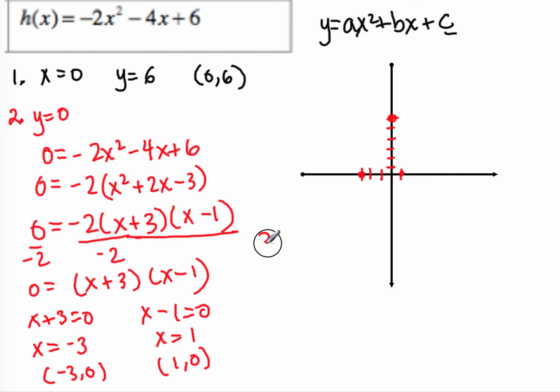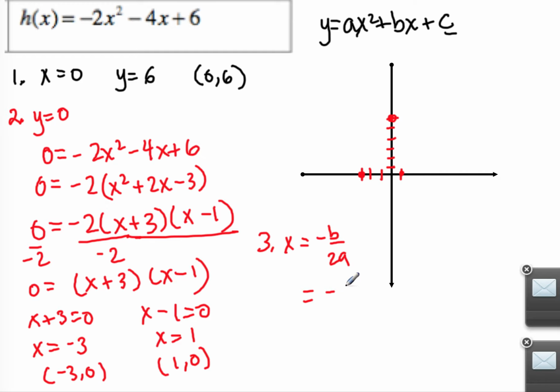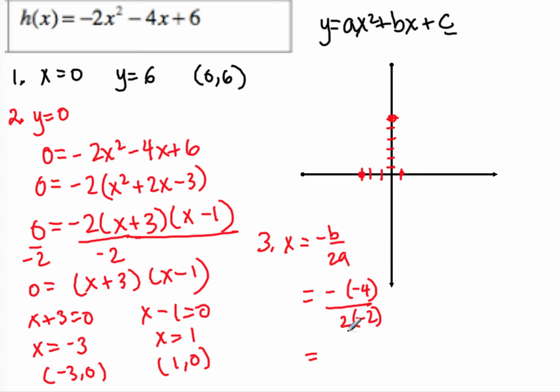We'll move on to finding our line of symmetry, which is negative b over 2a. Our negative b here is negative negative 4, over 2 times negative 2. So that gives us a positive 4 over a negative 4, which is negative 1. I'll draw in my line of symmetry. Then to find the vertex, this problem's looking a little bit familiar.